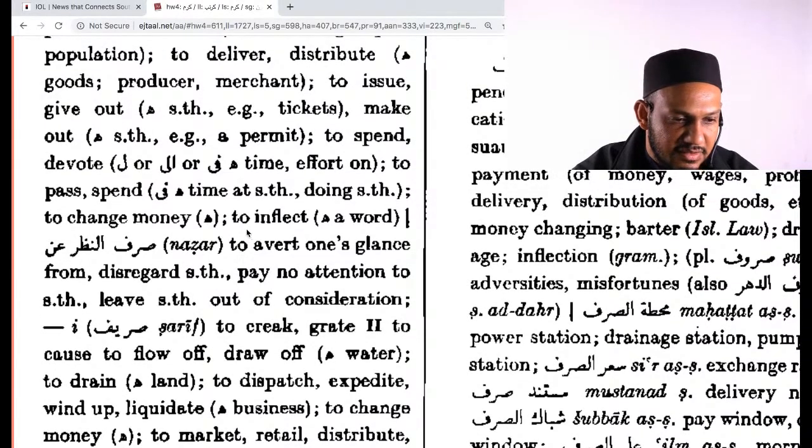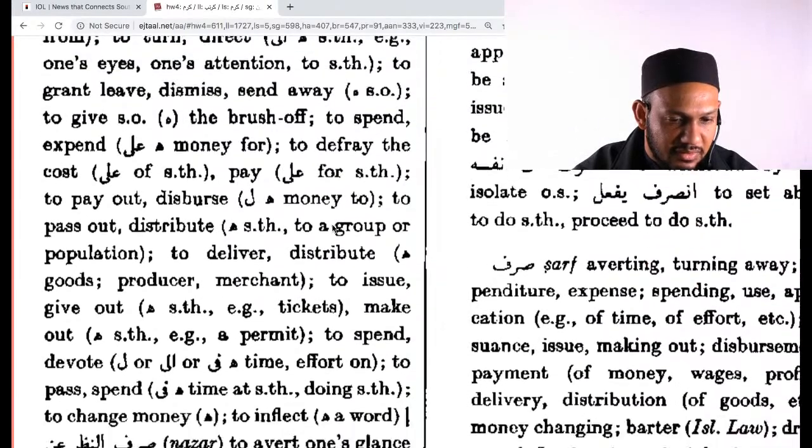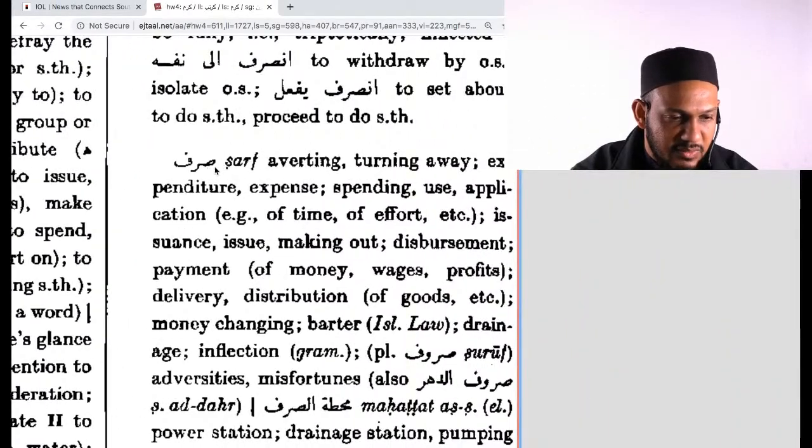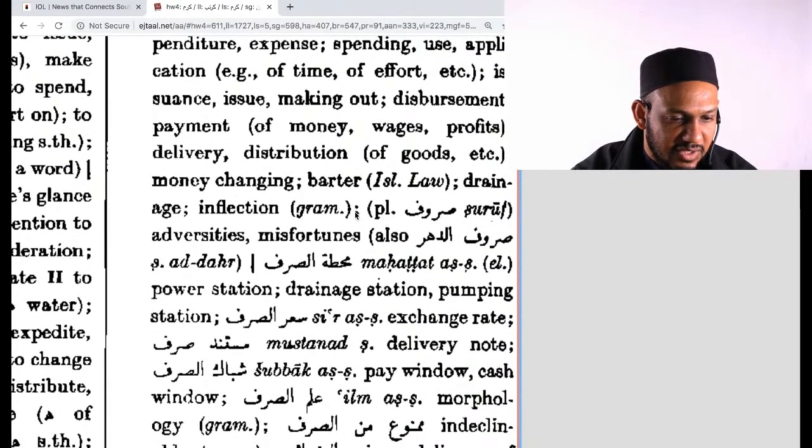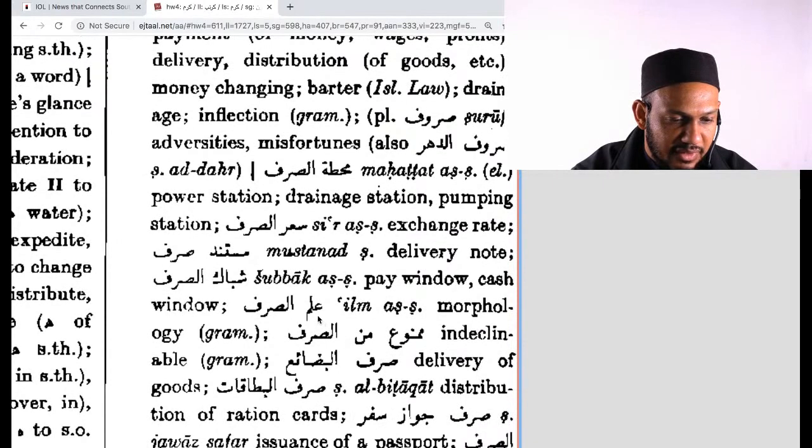And at the end here it says to inflect a word, which means to change a word. So the noun sarf means averting, turning away, with many other meanings in different contexts. And here in the dictionary we have ilmu sarf. Ilmu sarf means the morphology in terms of grammar.